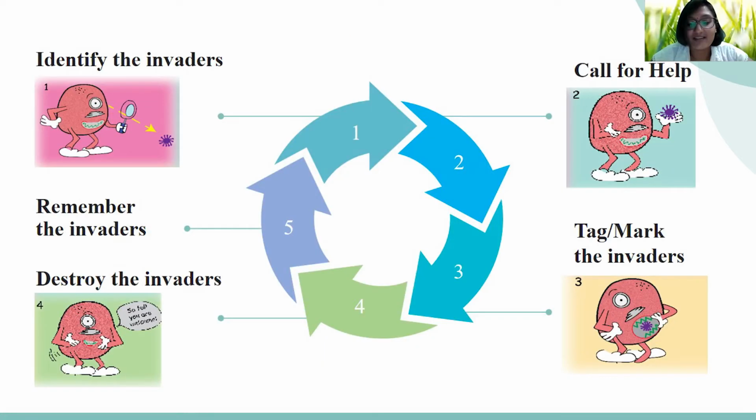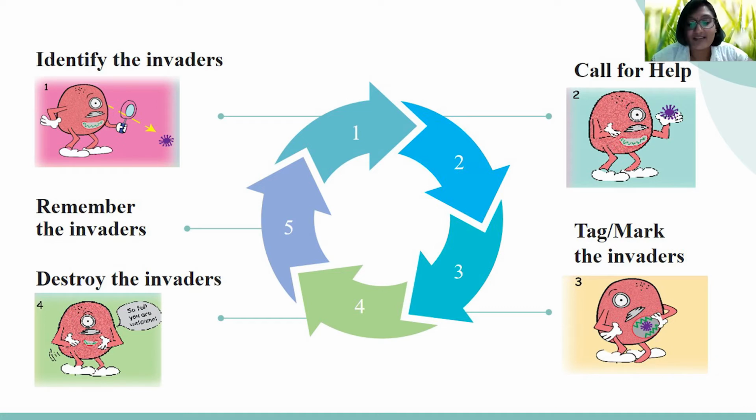Okay. How does immune work in our body actually? As you see in the first picture here, it identifies the invaders. As a bacteria or virus enters our cells, the immune cells will identify the bacteria. Secondly, it calls for help, which is backup from other immune cells.